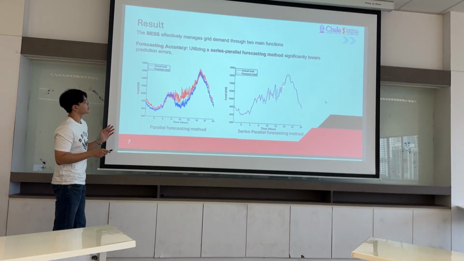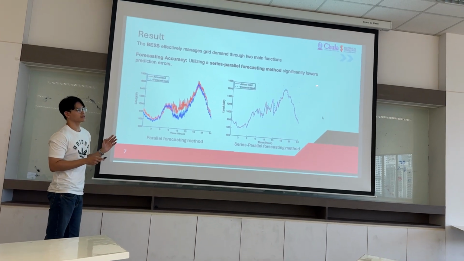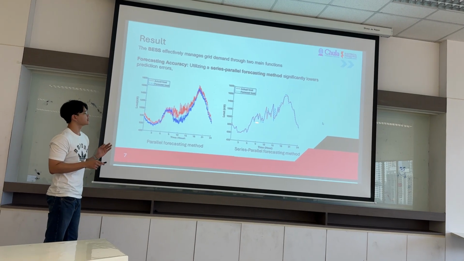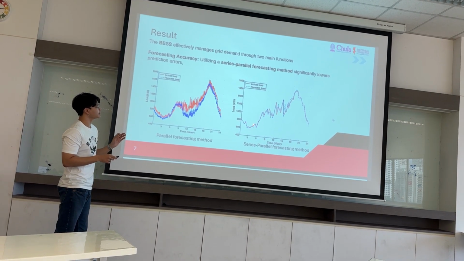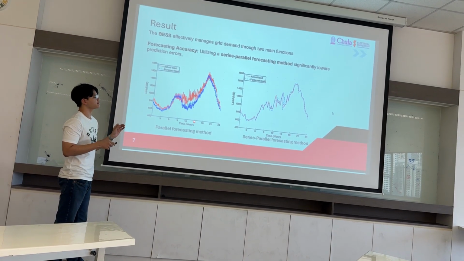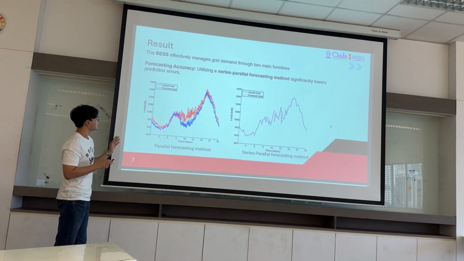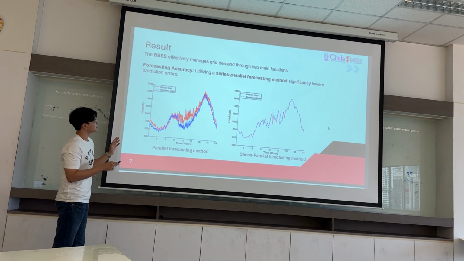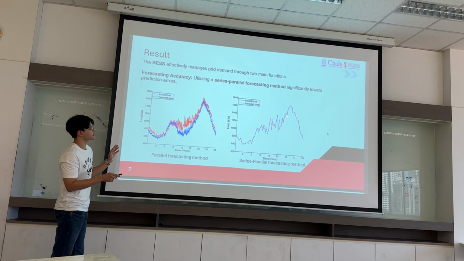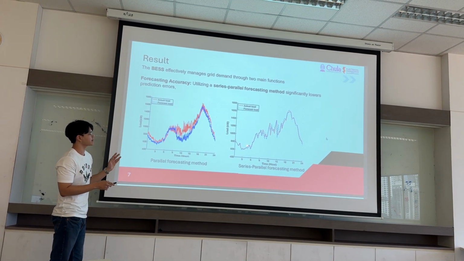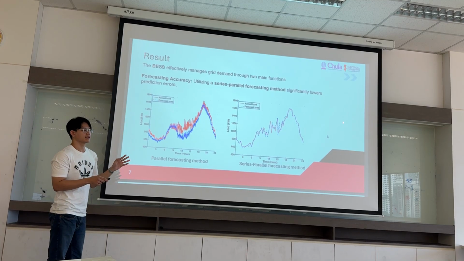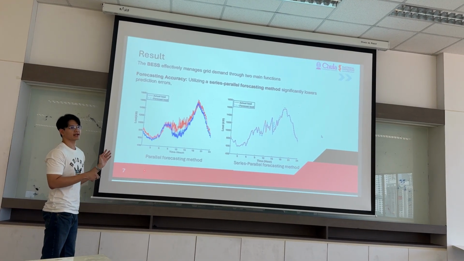As you can see, the red line is the actual load that happened over 108 days, and the blue one is the load forecast by two different methods. You can see that with parallel forecasting, the load is not exactly the same as with series parallel forecasting. We can clearly see that the series parallel forecasting method forecasts more precisely than the other one.